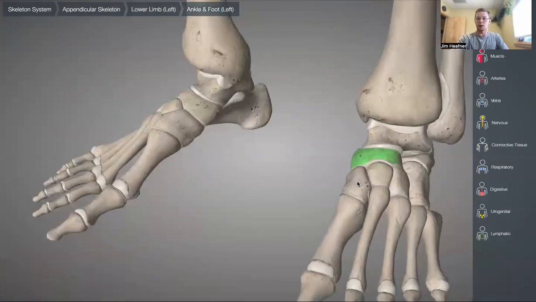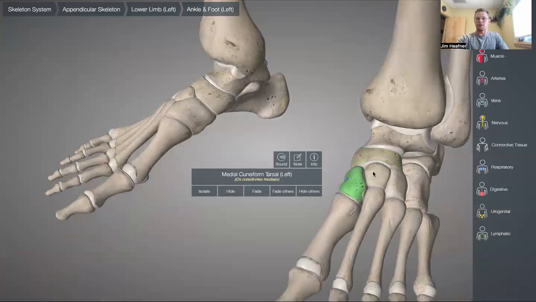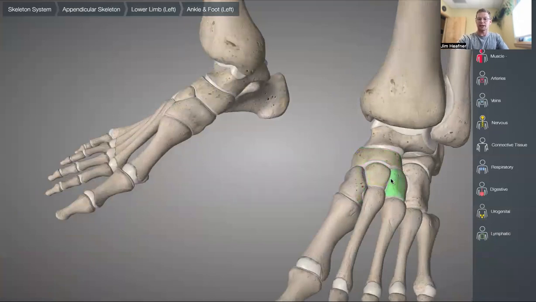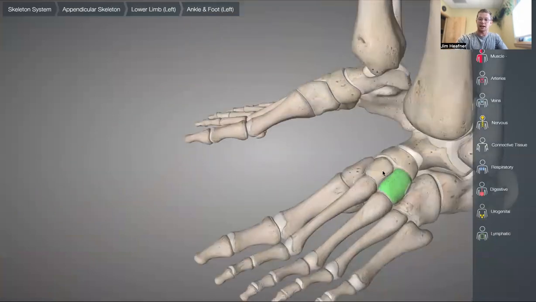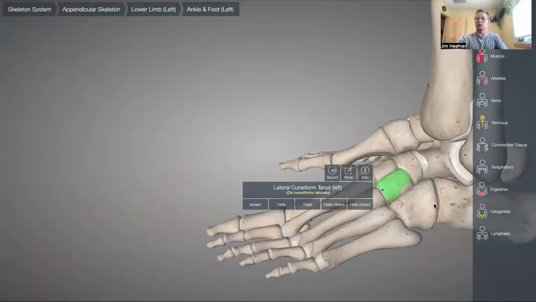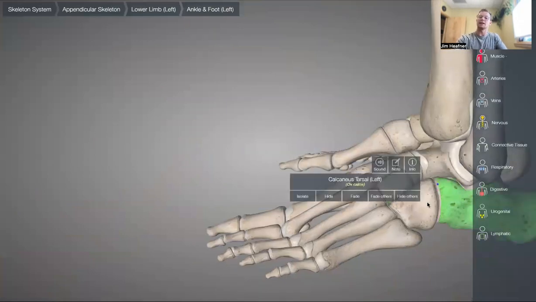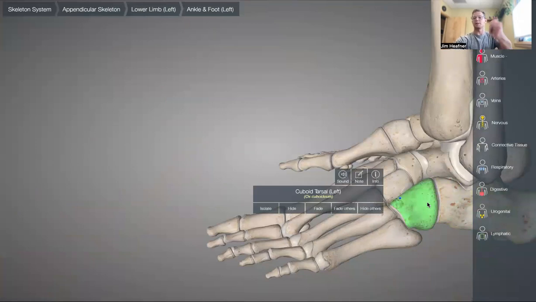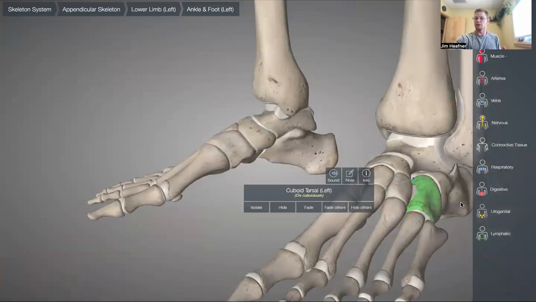So we have the navicular bone, our three cuneiforms, medial, intermediate, and lateral. And then that connects with what's this bone right here. So we have our calcaneus and then the cuboid bone. We often hear about the cuboid getting stuck or lacking mobility, but that's largely going to be dictated by the position of the foot.